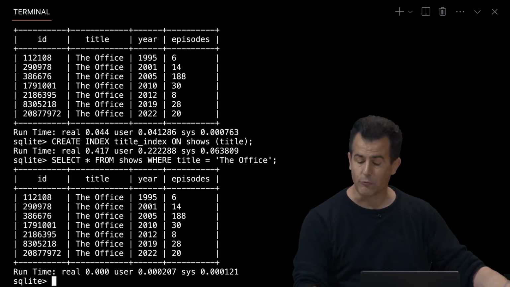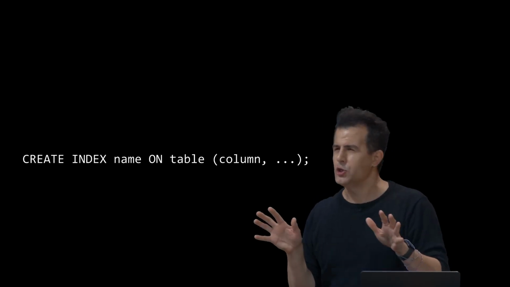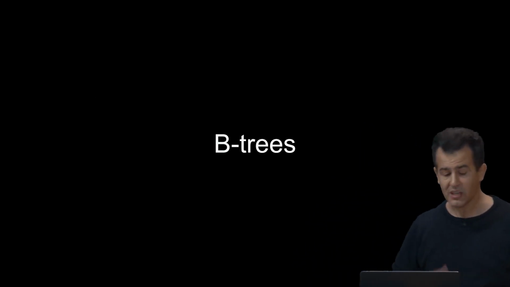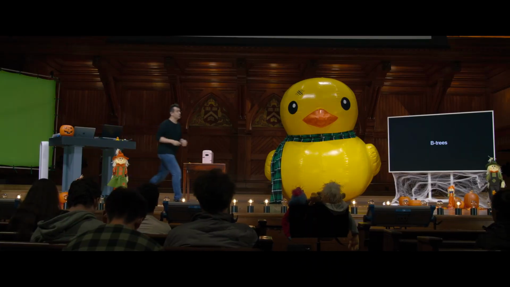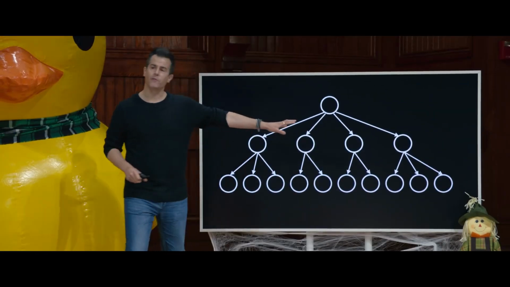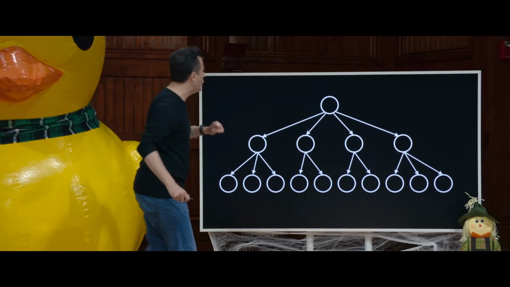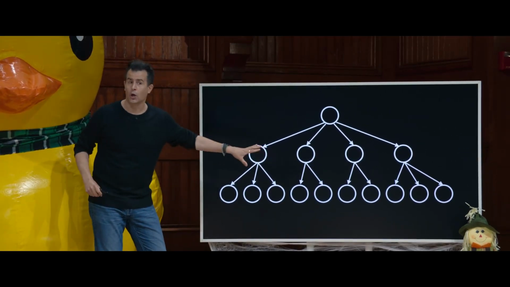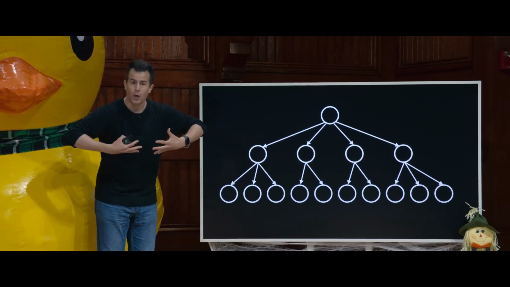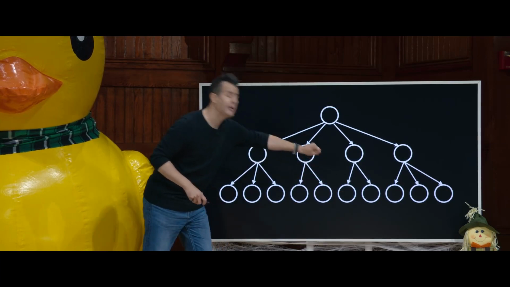But by contrast, in a relational database, when you create an index in advance, because you have a hunch that maybe users are going to search on that column, like show titles, essentially you're building up in memory what's called a B tree, which is not a binary tree. It's still a tree, though, if you think back to week 5, but it's a very short, fat tree instead, where every node might have 2 or 3 or 30 children, which essentially pulls the height of the tree way down, which is to say that when you search for some value in a B tree, it's invariably going to be in the leaves.